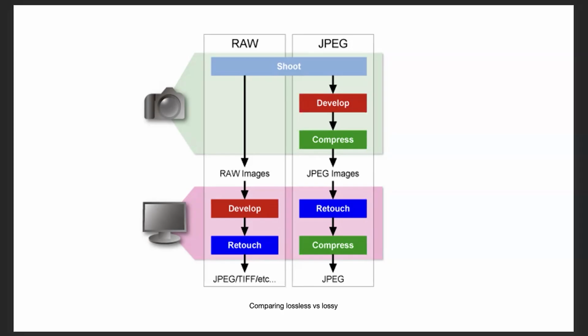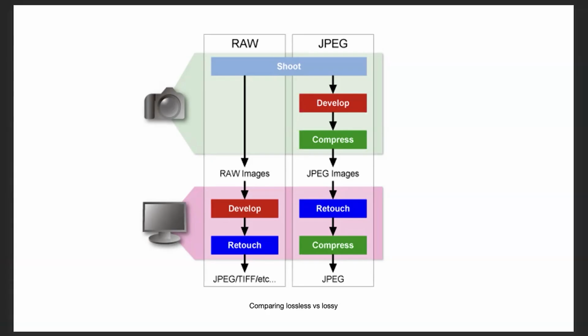We develop it, meaning playing around with the exposure, contrast, all of that aesthetic design we want. You can retouch it, which we'll talk about what retouching means. And then you can export it to a JPEG, a TIFF, which we're going to talk about in a second, or a variety of other file formats.